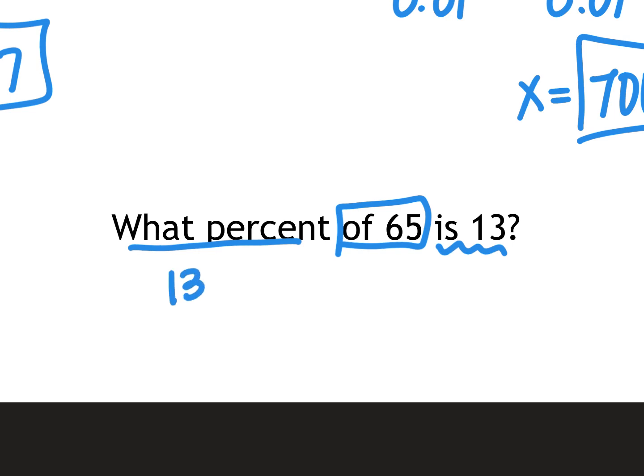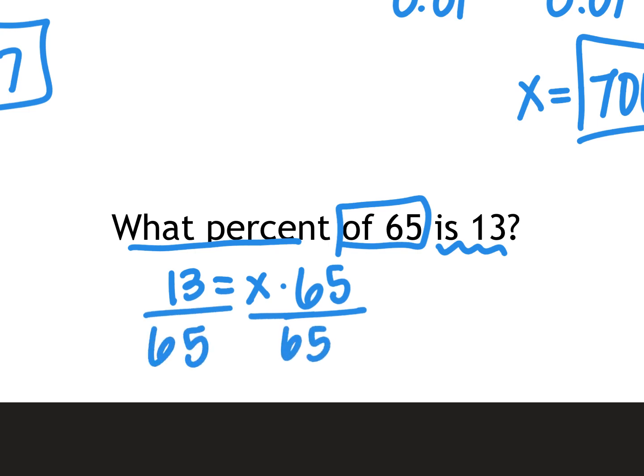So is equals percent, we don't know, times of. And then in order to solve that, I'm going to divide both sides by the number that's with the variable. So when I do 13 divided by 65, I end up with this for an answer.